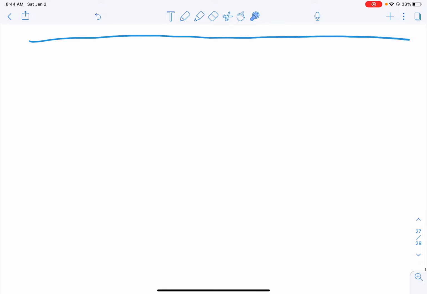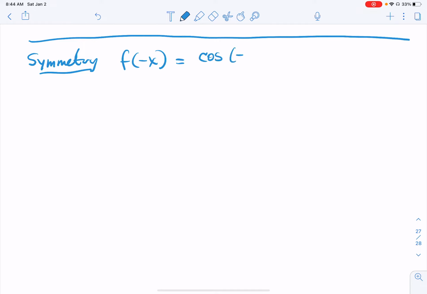All right, so for symmetry, you still do what you do, and that is to plug in a negative x. So I'd have the cosine of negative x over 1 plus the sine of negative x. A polynomial is very easy to see, like you're just raising something to a power.